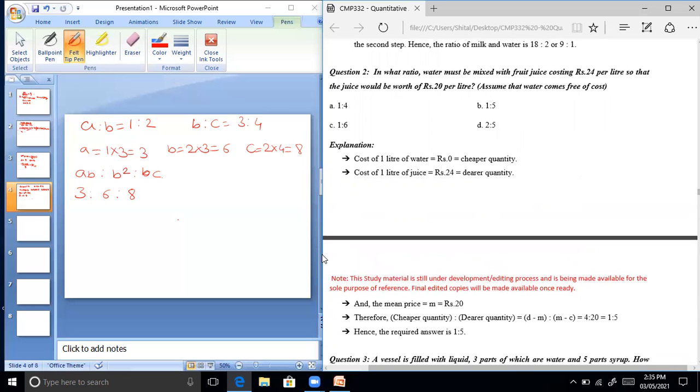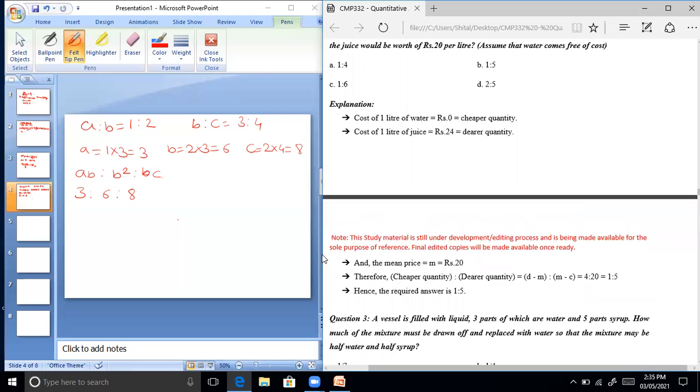So, next question, in what ratio must water be mixed with fruit juice costing rupees 24 per liter so that the juice would be worth 20 per liter? Okay. Cost of 1 liter of water, 0. Cost of 1 liter of juice, 24.